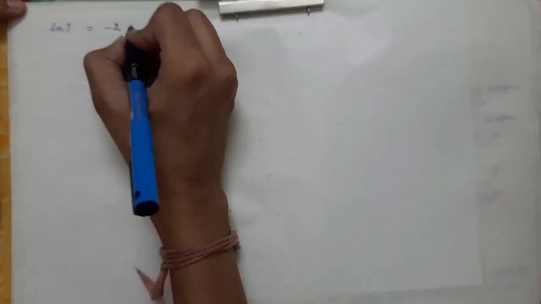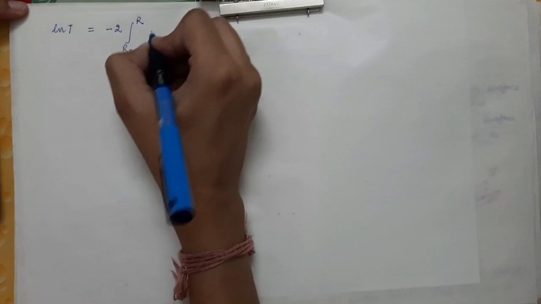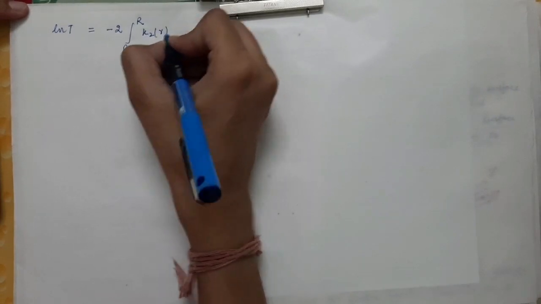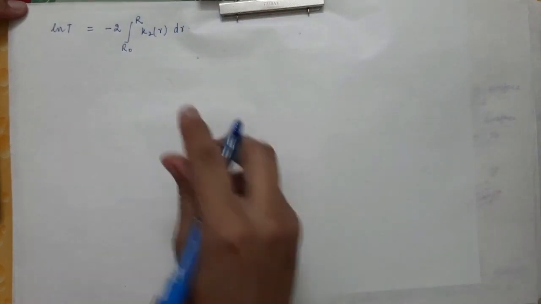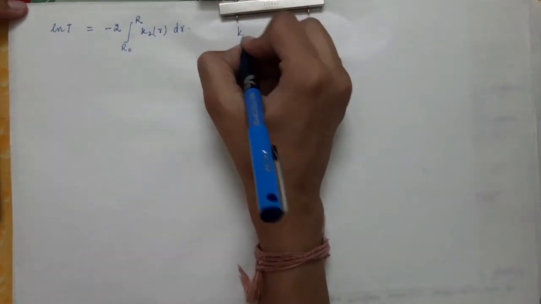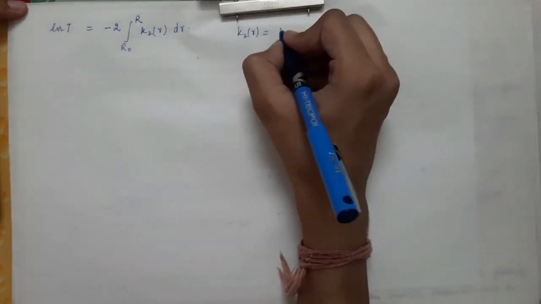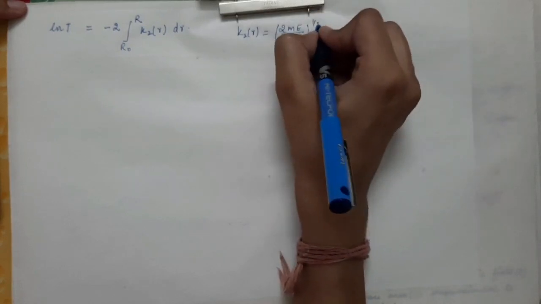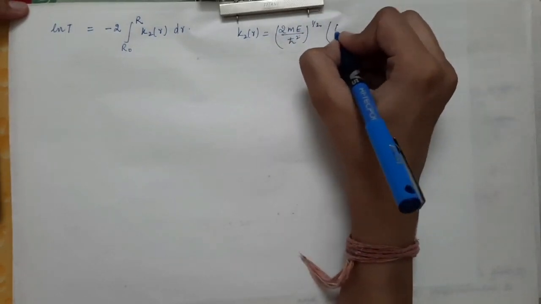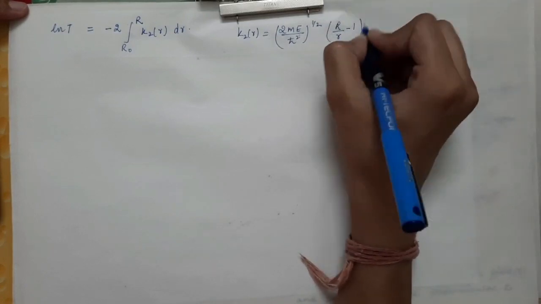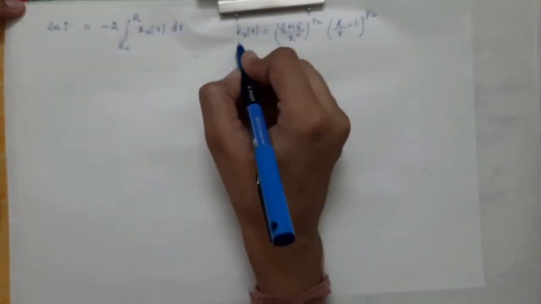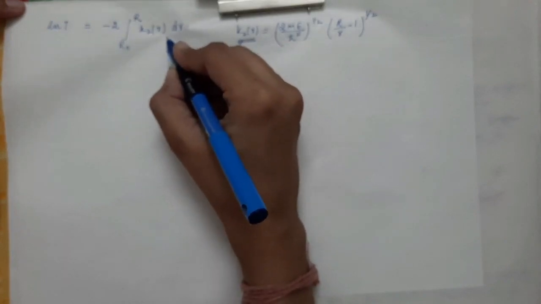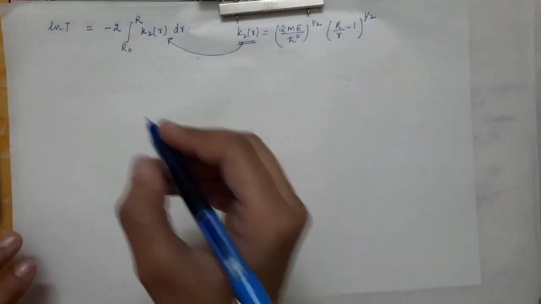Now the natural log of T, the equation that we had got, was equal to minus 2 times the integral from r₀ to R of K2, which is dependent upon r, into dr. We had just found the expression of K2: it came out to be (2mE divided by ħ²) whole power 1/2 into (R divided by r minus 1) power 1/2. So we will substitute this expression in this equation.